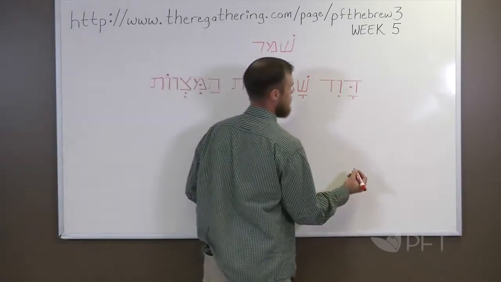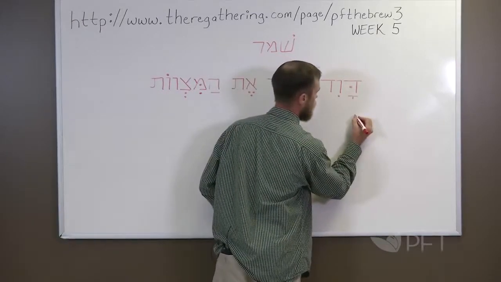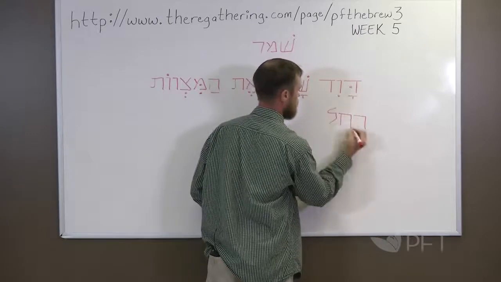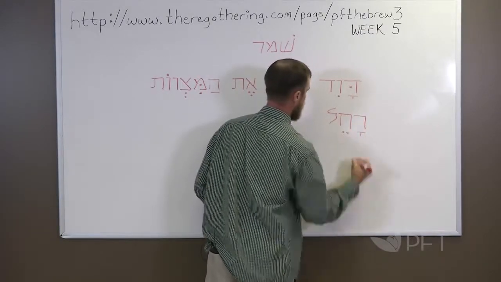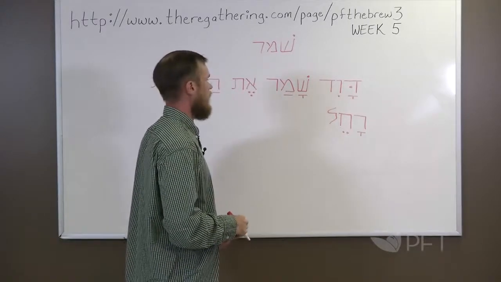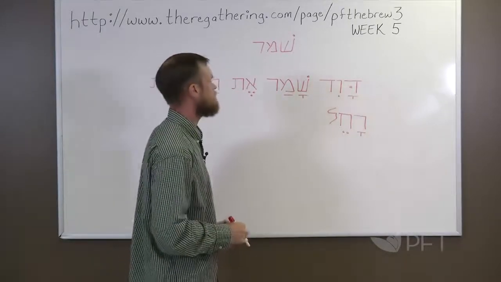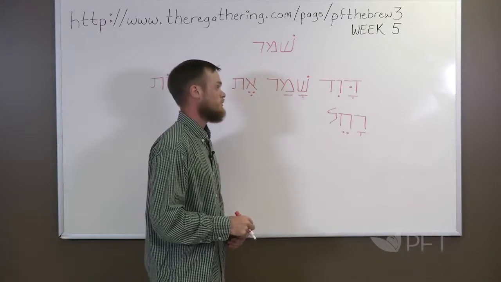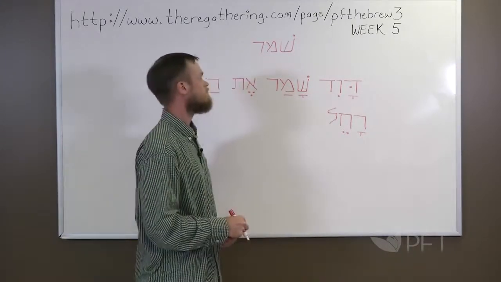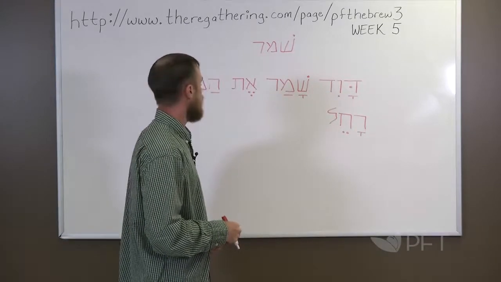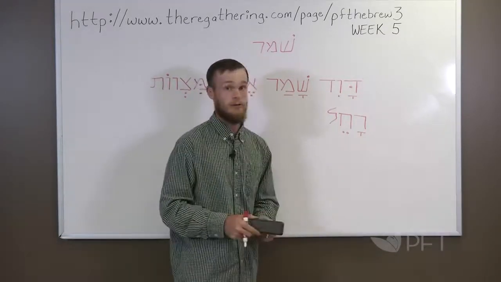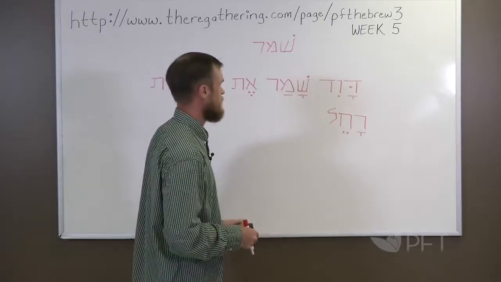All right, how about Rachel? Rachel is our new subject, and we want to say, Rachel will build a house. Well, Rachel is feminine and singular, so we need a feminine singular verb.